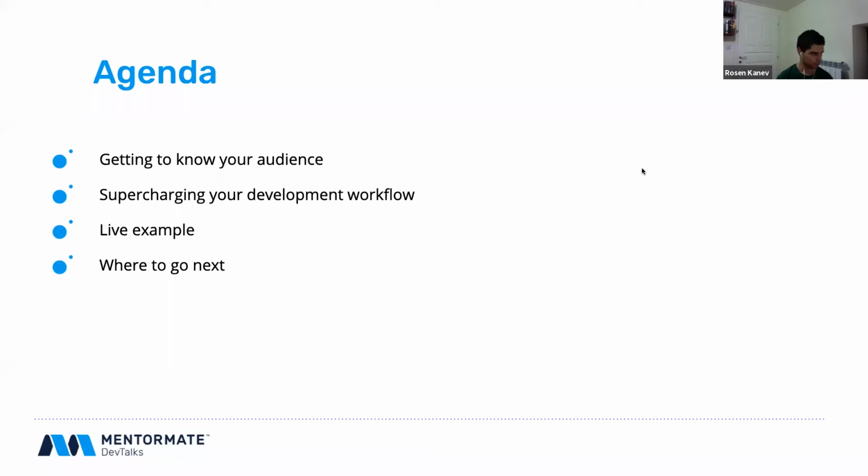The agenda for today: we will talk about getting to know your audience, the type of audience whose opinions you wouldn't hear too often. We'll also talk about how to supercharge your development workflow. That includes testing what you've done and verifying that everything works as you expected.